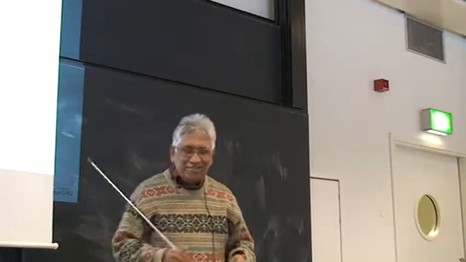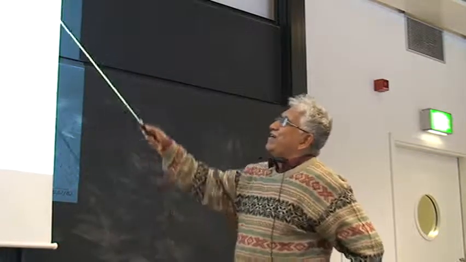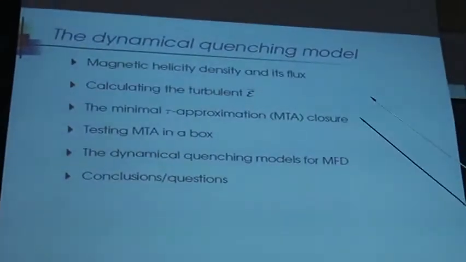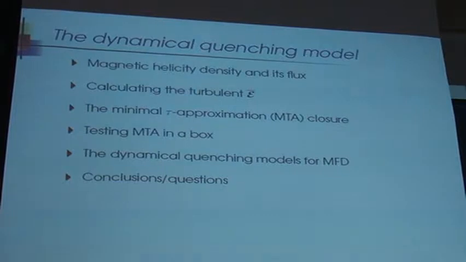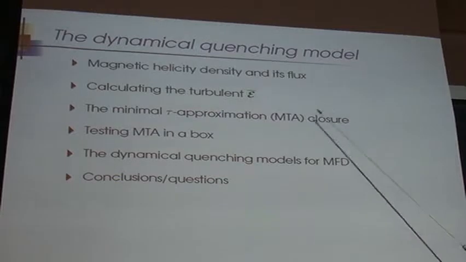Okay? So what I'm going to talk about today is what is called the dynamical quenching model. I will remind you what we said about magnetic helicity and its flux. I will try to motivate how to calculate this flux and tell you the pieces that we know and the pieces we don't know. Up to that will be fairly clean. Then we'll get into murkier waters by trying to calculate the turbulent electromotive force in the presence of strong magnetic fields or the Lorentz forces.